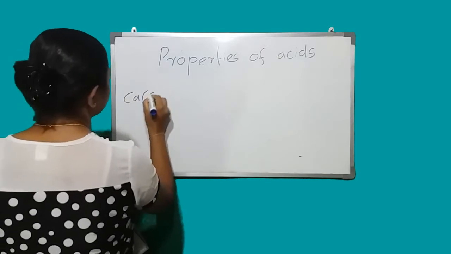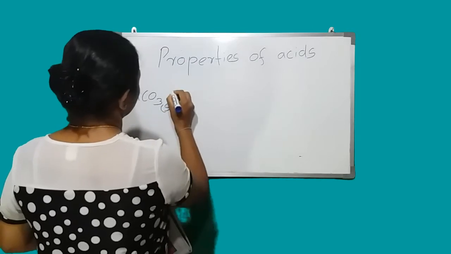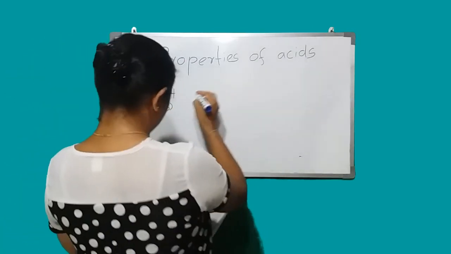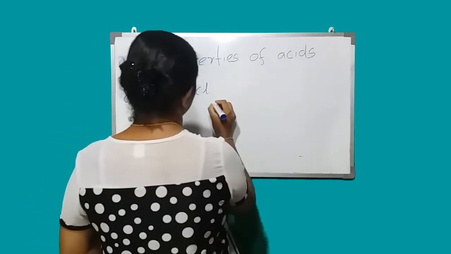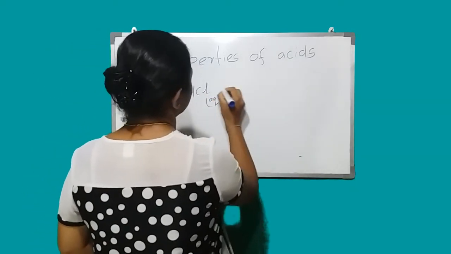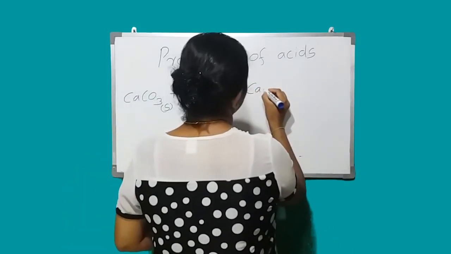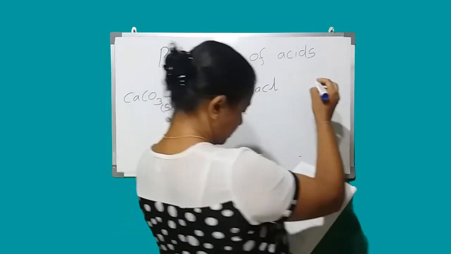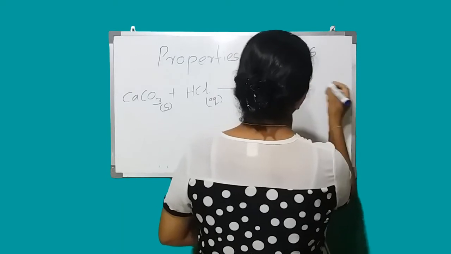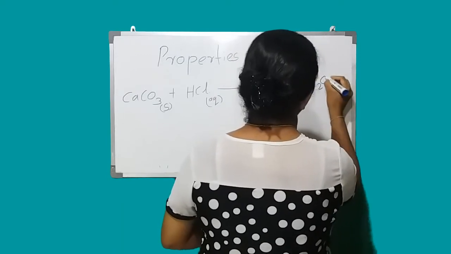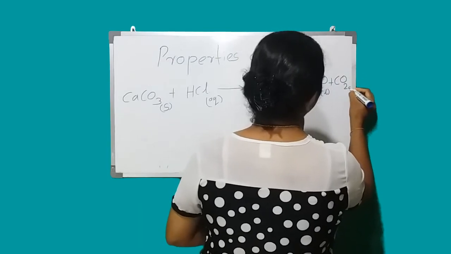Calcium carbonate solid reacts with HCl aqueous solution and forms calcium chloride, CaCl2, plus H2O liquid and CO2 gas.